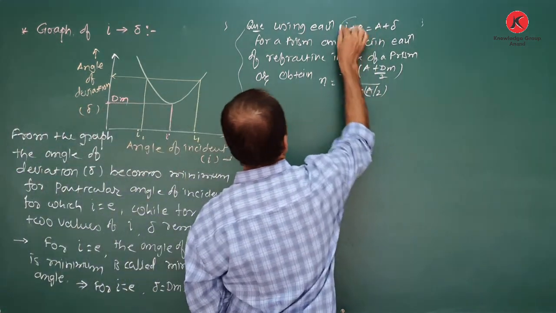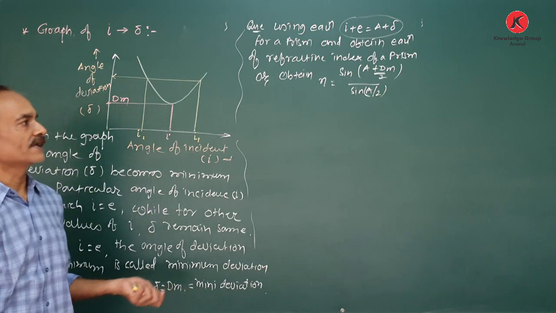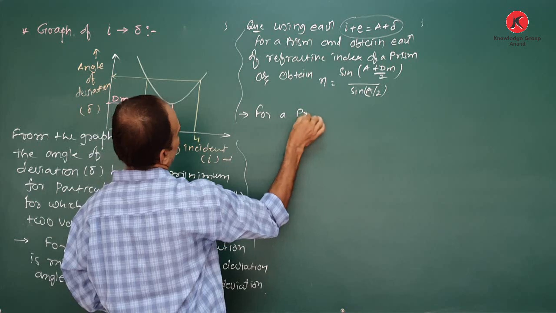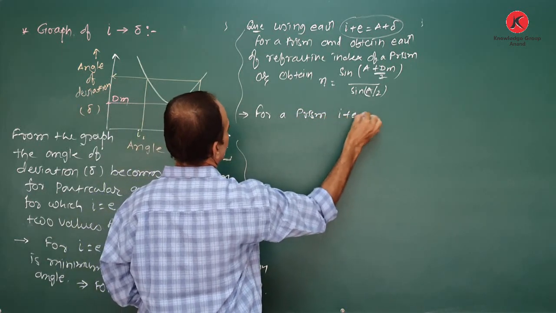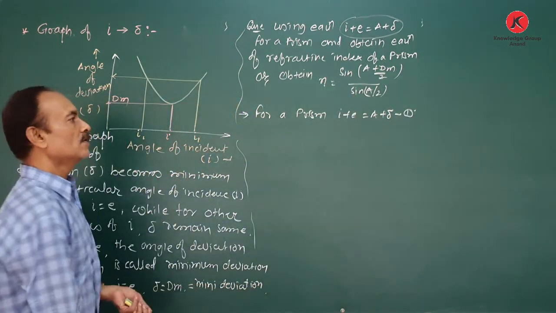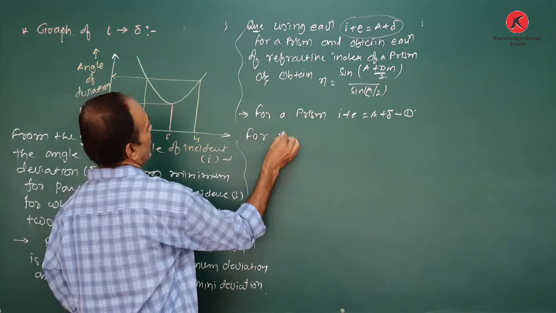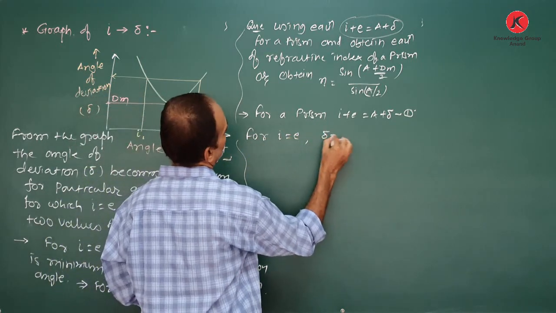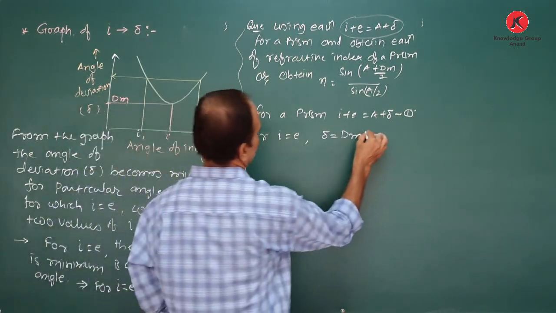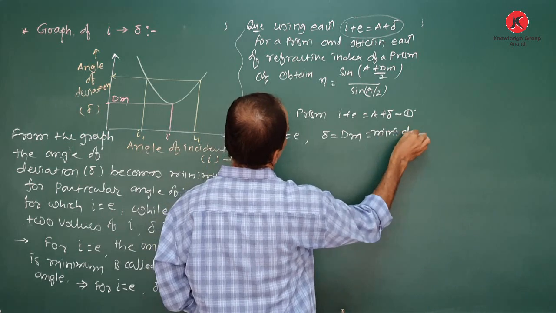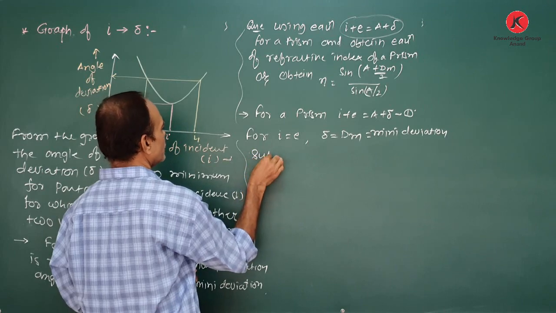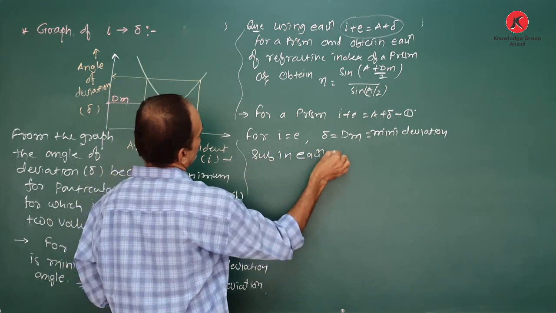Therefore, we use the equation i plus e is equal to A plus delta. For a prism, i plus e is equal to A plus delta, equation 1. Now, for i equal to e, delta is equal to dm, that means the minimum deviation. Then we substitute in equation 1.